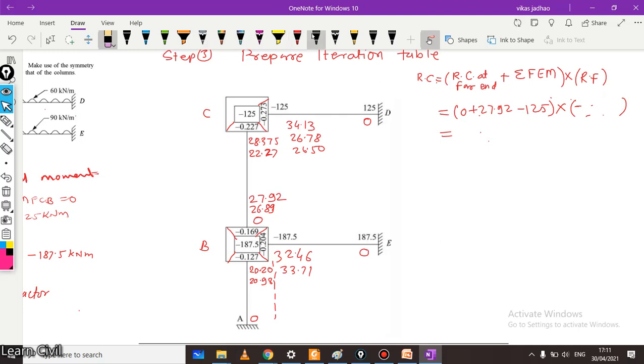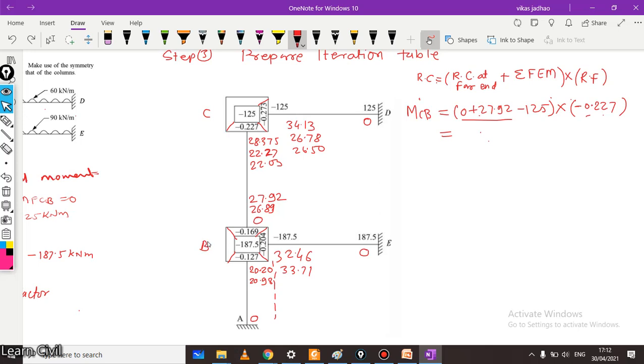M dash CB will be equal to rotation contribution at far end, that is 0, plus 27.92, plus summation of fixed end moment at joint C, multiplied by rotation factor of minus 0.227. So this will be equal to 22.03.